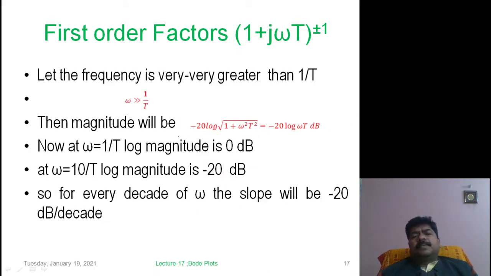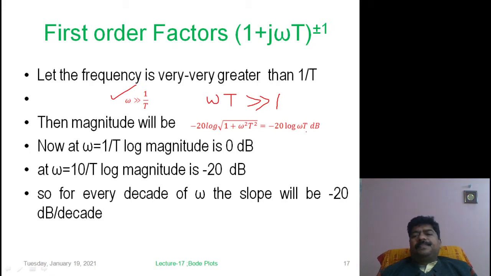While if the frequency is very much greater than 1 by t, or omega t is very much greater than 1, the magnitude, as we know, is minus 20 log under root 1 plus omega square t square. Since omega t is very much greater than 1, this can simply be written as minus 20 log omega t decibel.